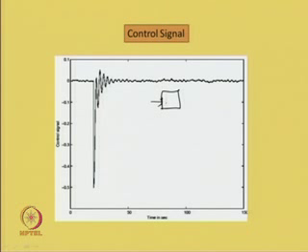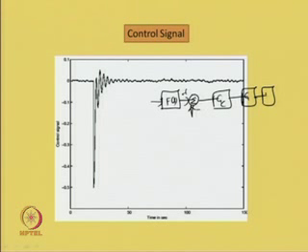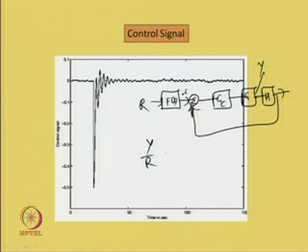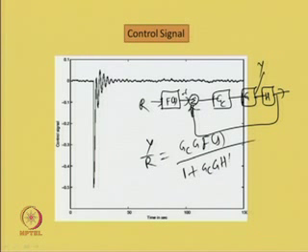So, when we have got Fs in the loop, in that case the closed loop transfer function y upon r will be equal to GC G Fs upon 1 plus GC G HS.